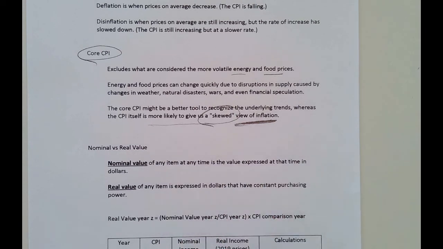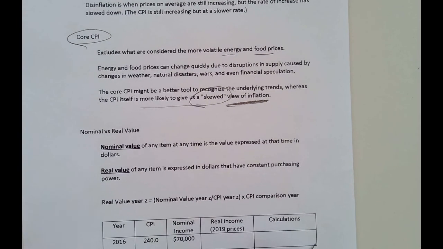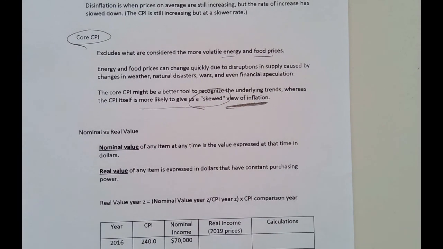Which one's a better one? Look at both. I tend to believe that more data is better than less data, so you look at the core CPI, look at the regular CPI, and use the data as best you can.